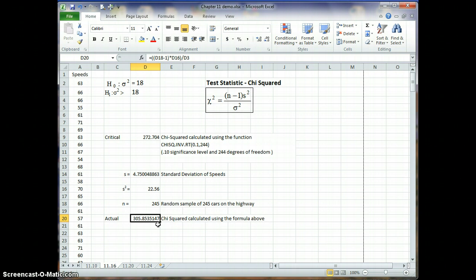Now, what happens though if, for instance, instead of the one side of the right tail test here, we've got, say, the H0 is equal to 18 and H1, the alternate, is not equal. Then we'd have to do something a little different, and I just want to show you how this would work to do the calculation.